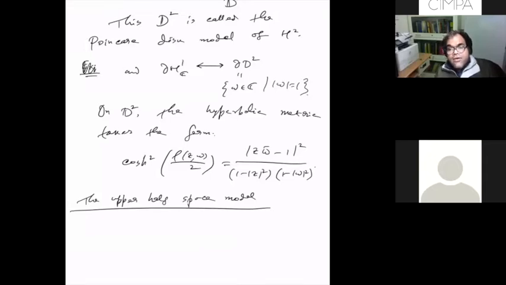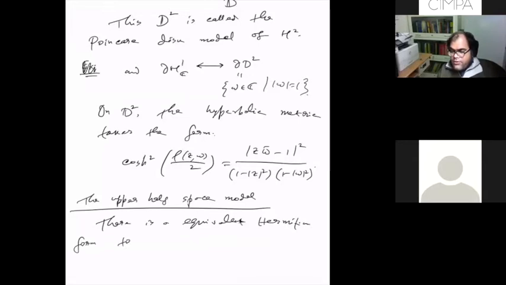Okay, so I will come to it shortly. So there is an equivalent Hermitian form to H.